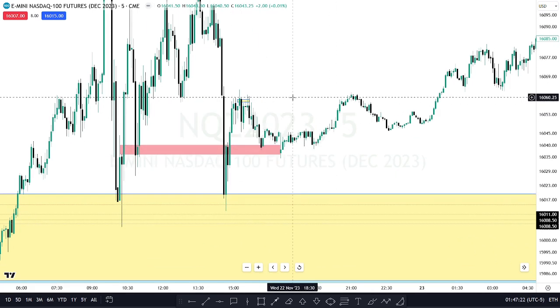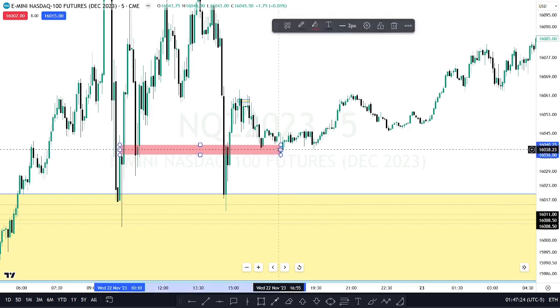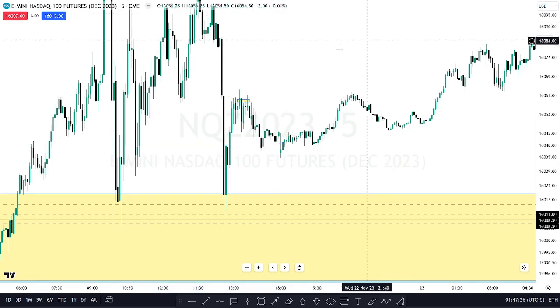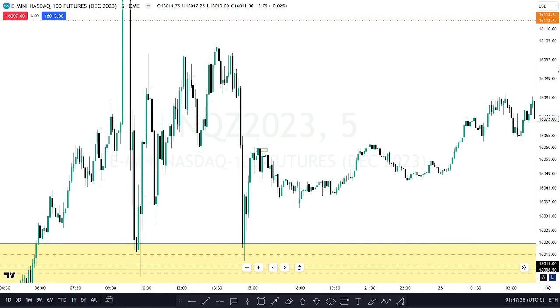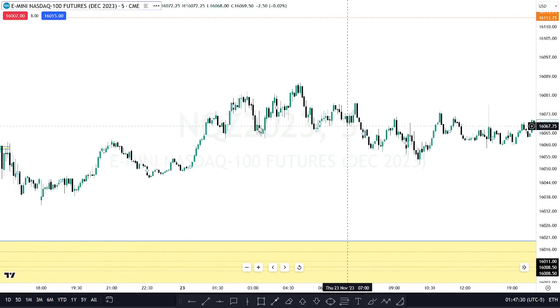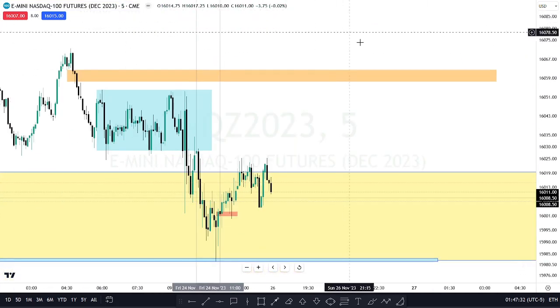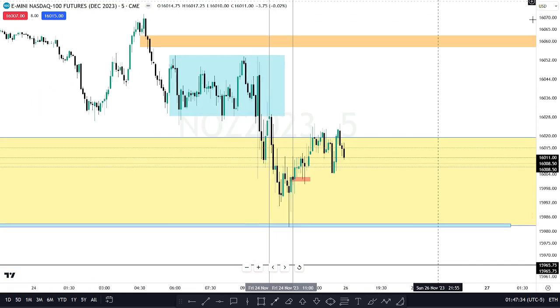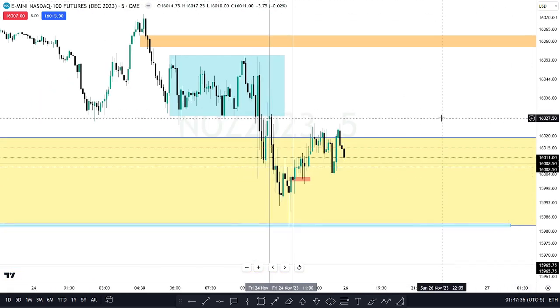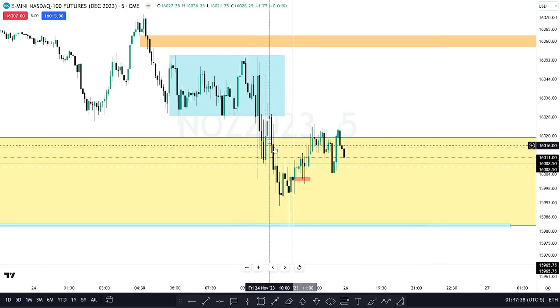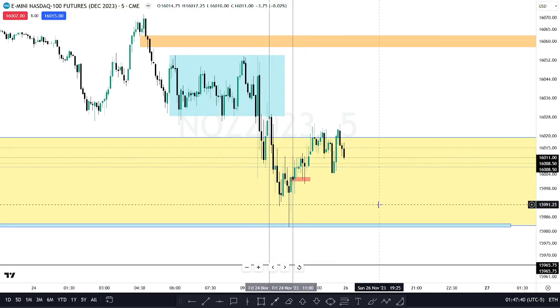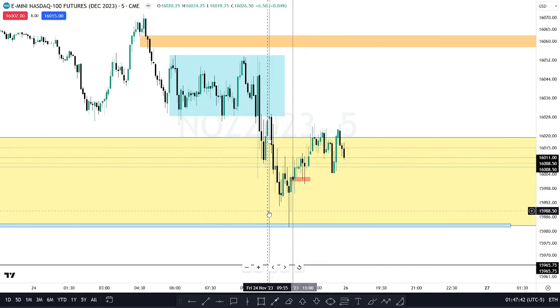Okay, guys, let me take that one out. Come back to where the market is right now. So this was an AM session. As you can see, from 10 a.m. to 11 a.m., we expect a silver bullet.